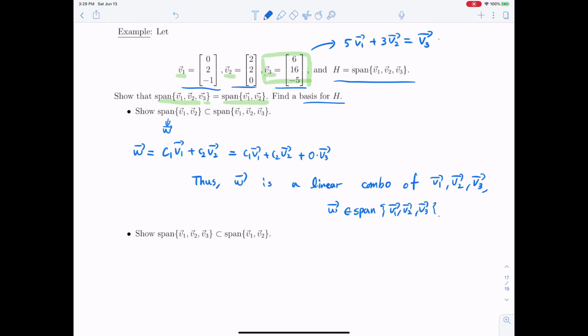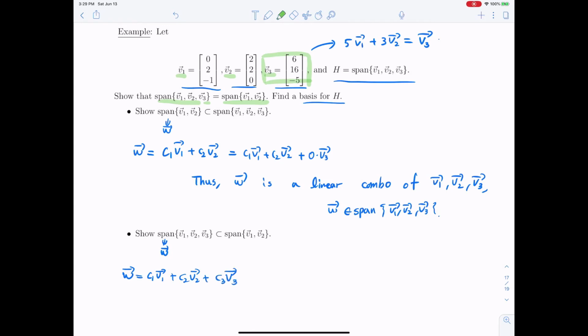On the other hand, let's take an element w inside this part. Then we can write w as a linear combination of these three vectors, c1 v1 plus c2 v2 plus c3 v3.